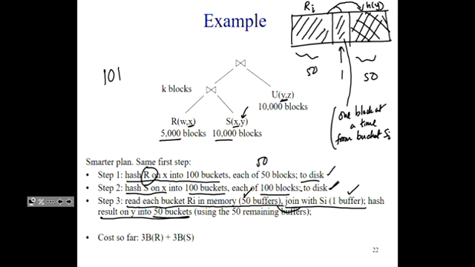So far the cost is 3 times B(R) plus 3 times B(S). Why?